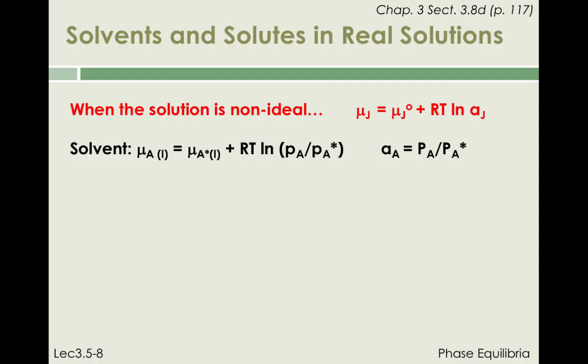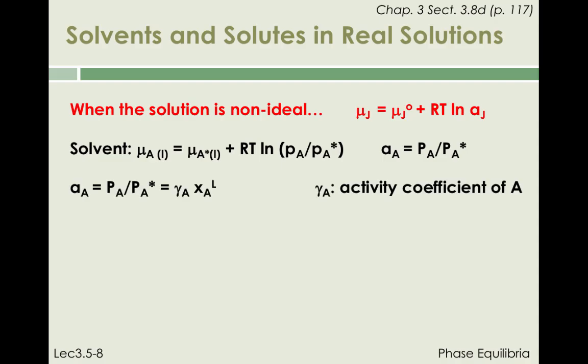The same form of expression was also derived for the solute. Examination of this expression for mu_A indicates that the activity for A is the ratio of the partial pressure of A over the vapor pressure of pure A at the same temperature.